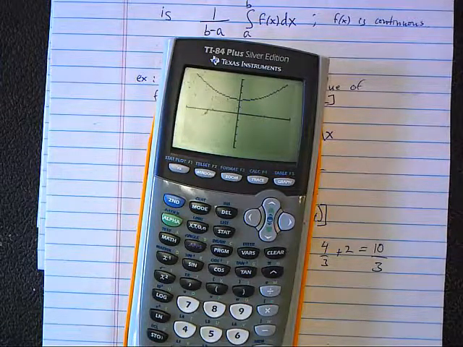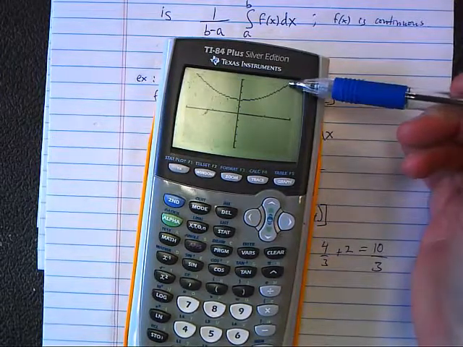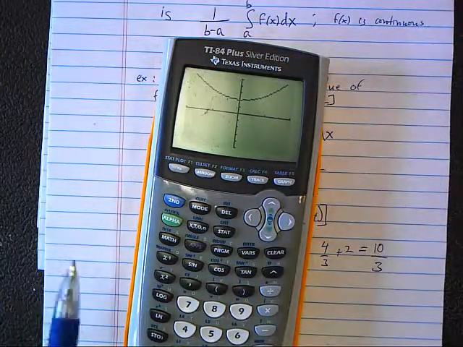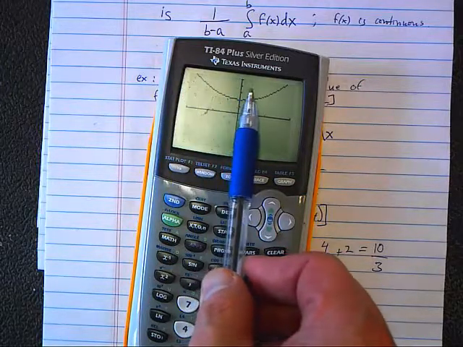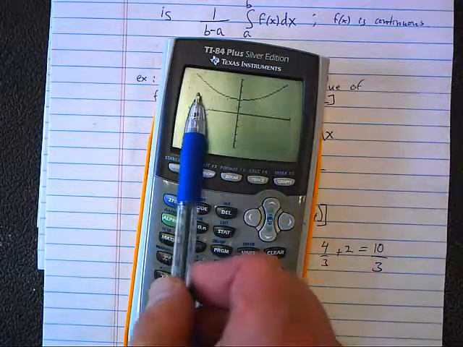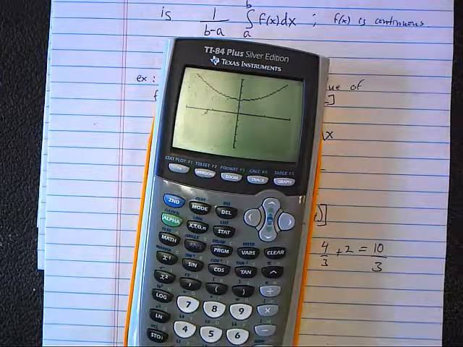All right, so look at that graph and kind of estimate, think of all the values here. Where's kind of the average height of this graph? It's kind of somewhere in here, isn't it? Kind of halfway in between the high spot and the low spot, sort of. Somewhere in here. Does that look like it's about 10/3?